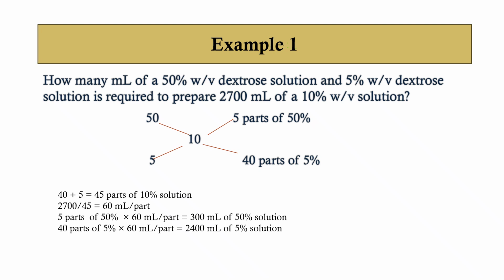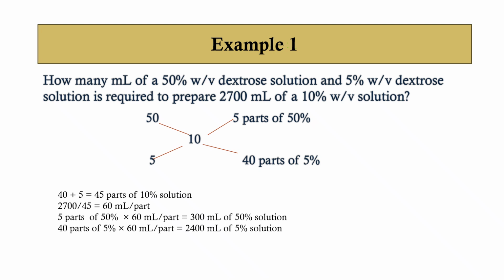So if it's 45 parts, and we know in total it's 2,700 ml, that means it's 2,700 divided by 45, so that's 60 ml per part. Now, to calculate ml of each solution, we can start with the 50% solution.